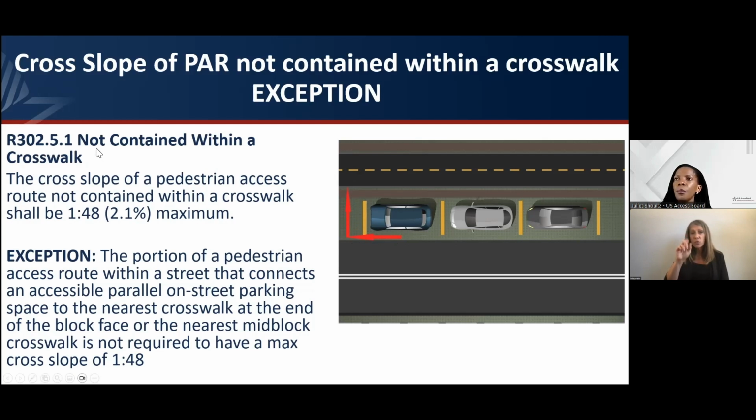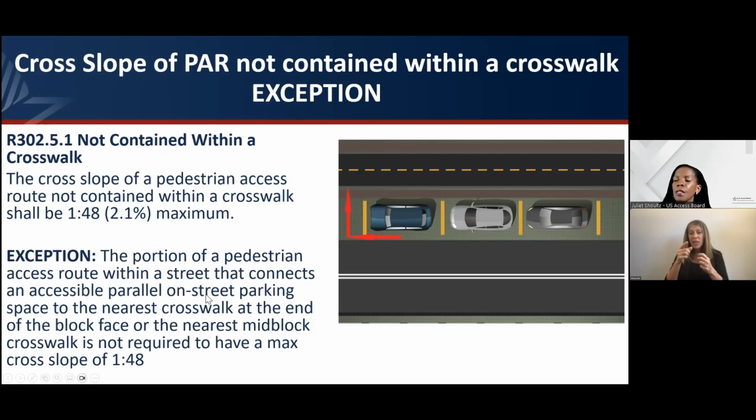R302.5.1, not contained within a crosswalk, we're specifying that the cross slope of this pedestrian access route that's not within the crosswalk shall be 2.1% maximum, but the exception is what specifically addresses this pedestrian access route that's essentially in the vehicular way.